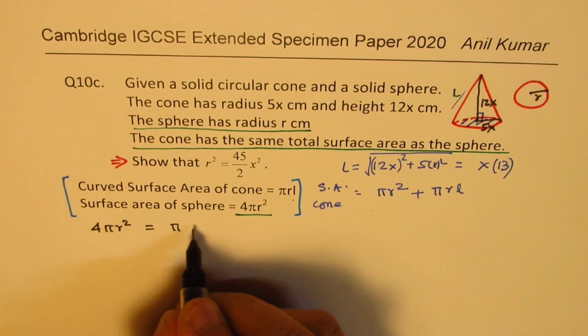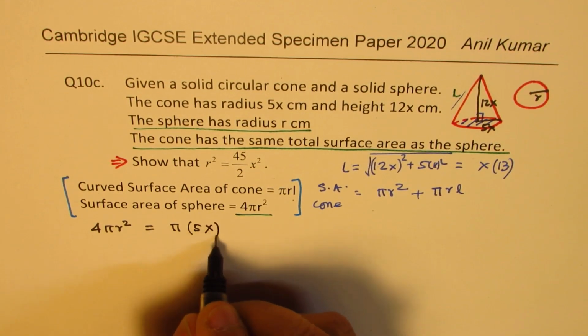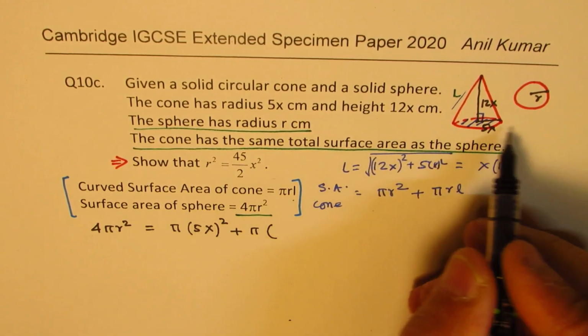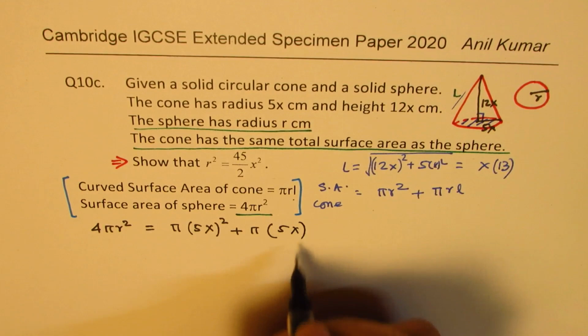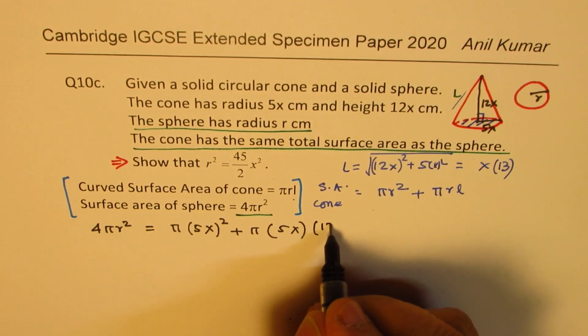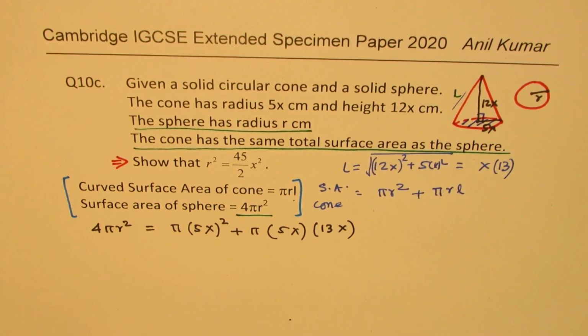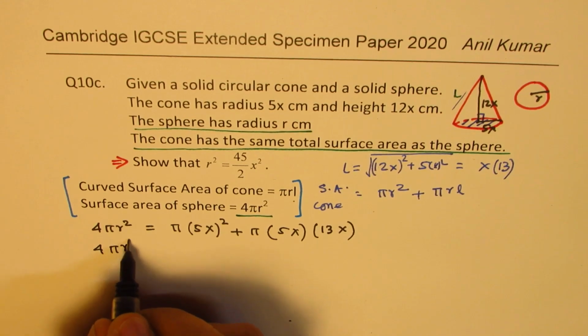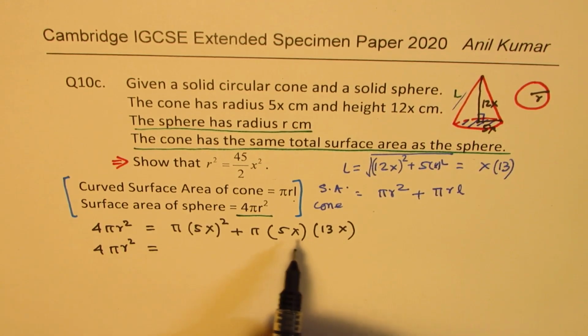We have pi times (5x) squared plus pi times radius 5x and lateral side 13x.